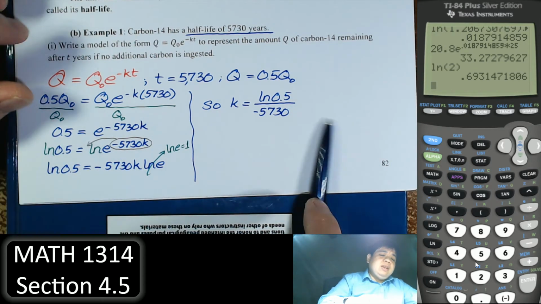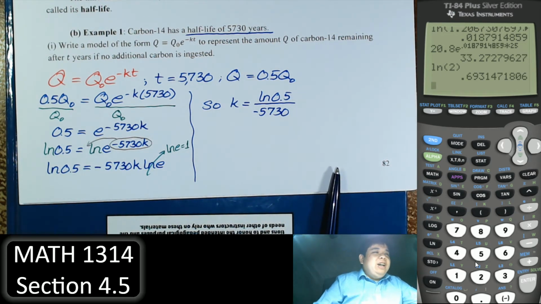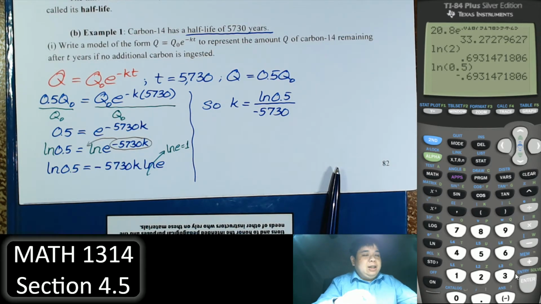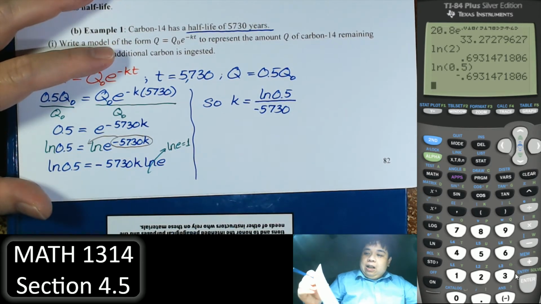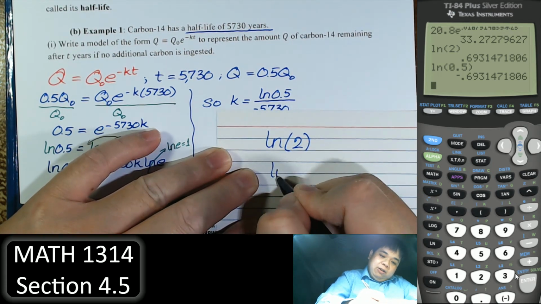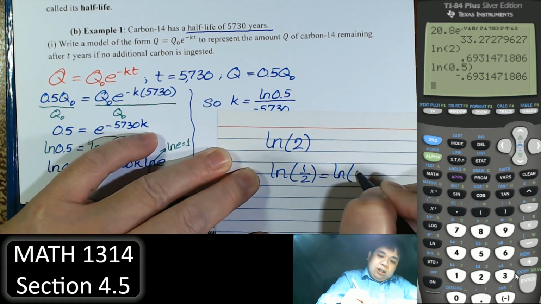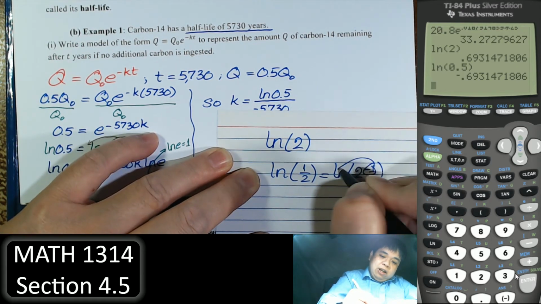Now, the half-life is more of a chemistry problem. So all of the chemistry students, I know that ln of 0.5 is the negative of that. The reason is, of course, ln of 2, one of them is this, and the other, ln of 0.5, which is 1/2, or 2 to the negative 1, and you take the negative 1 outside.